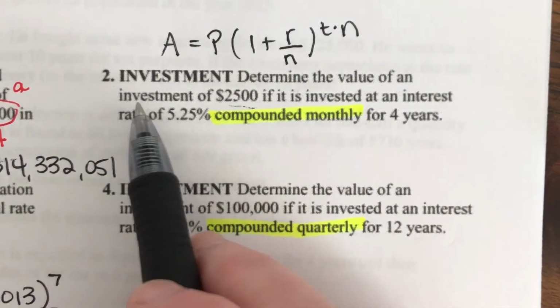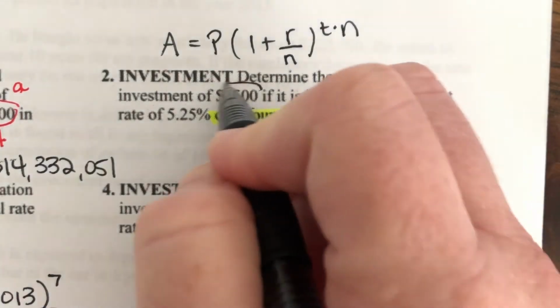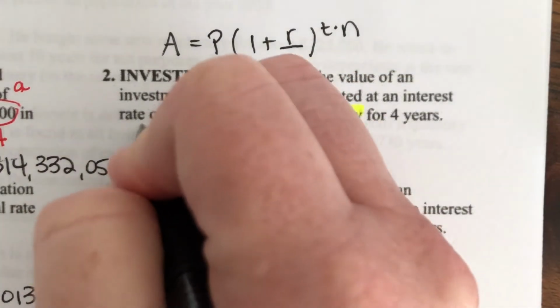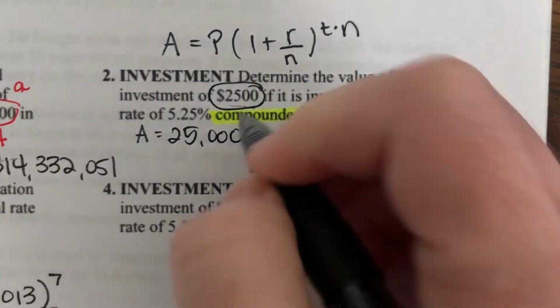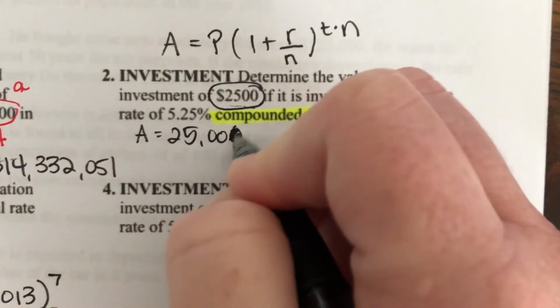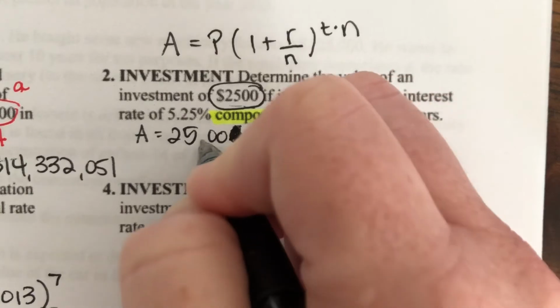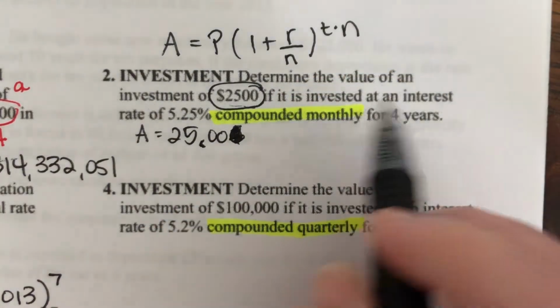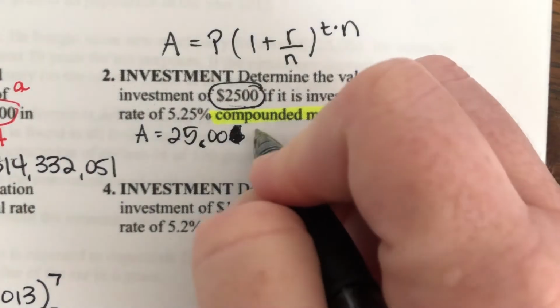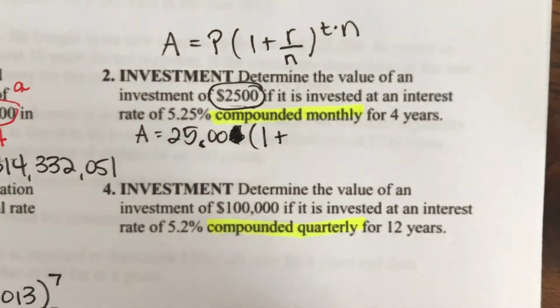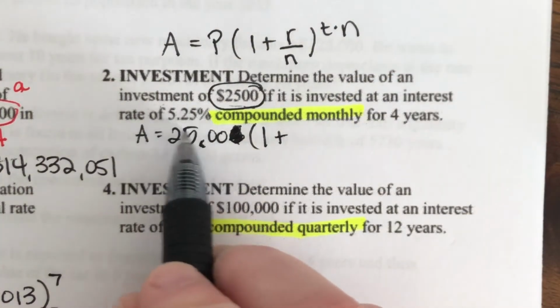Determine the value of an investment of $2,500. That's our principal amount. So A equals 2,500. Oh, sorry, I first said 25,000, but it's 2,500. If it's invested at an interest rate of 5.25%, so that's times 1 plus, remember we have to change this to a decimal.